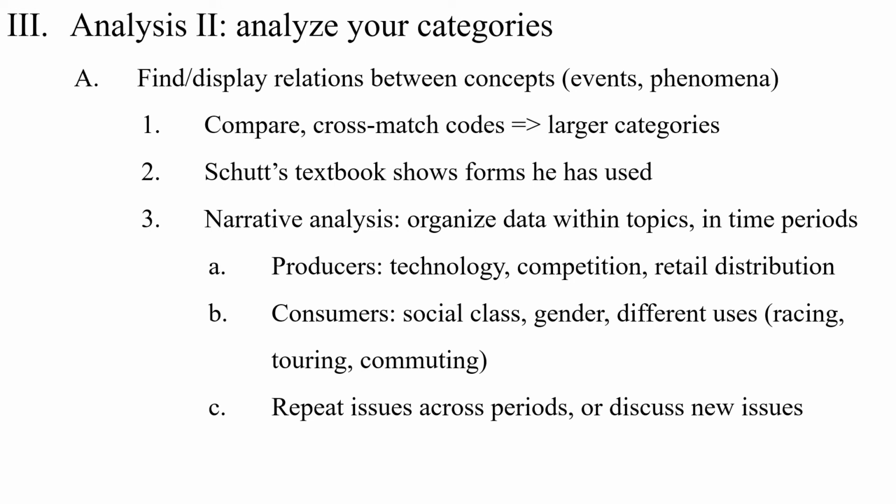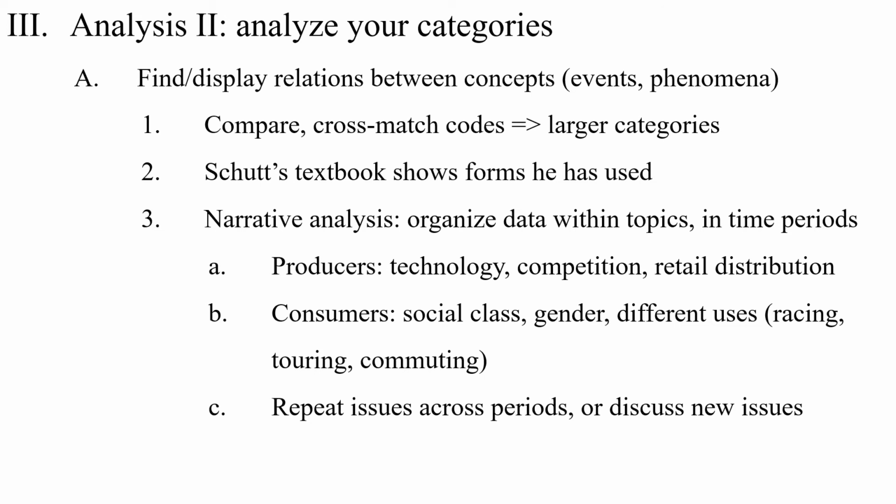Anyway, once you've gone through all your data, you've exhausted it on a first pass, then you have to do more analysis. You have to do a higher level in a way.